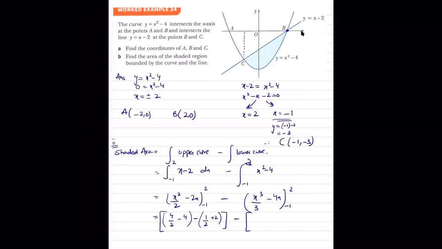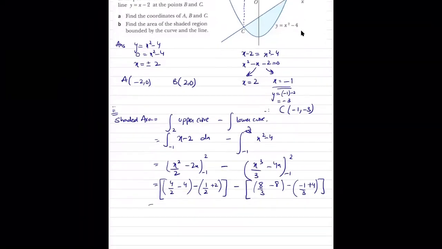When you apply the upper limit 2 over here, you get 8 upon 3 minus 8, minus 1 upon 3 plus 4. Let's solve this now. 2 minus 4 is negative 2. Negative 2 and negative 5 upon 2 is minus 9 upon 2.